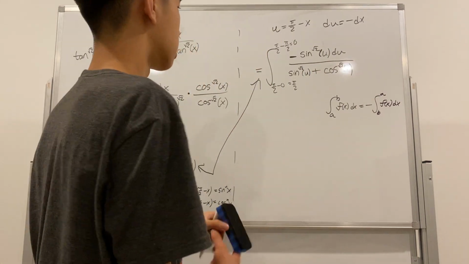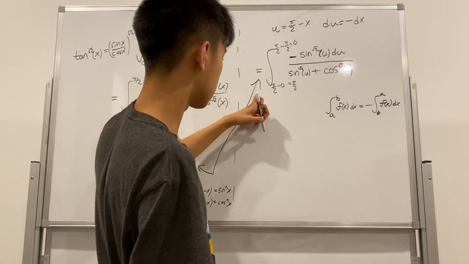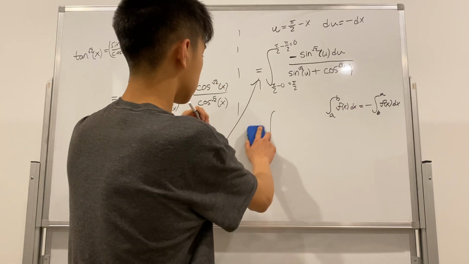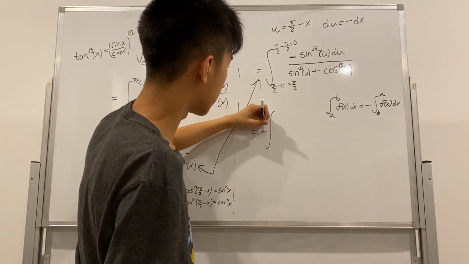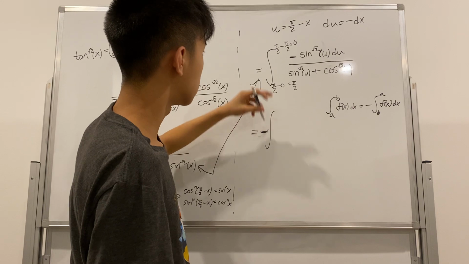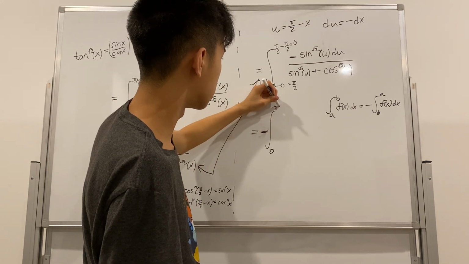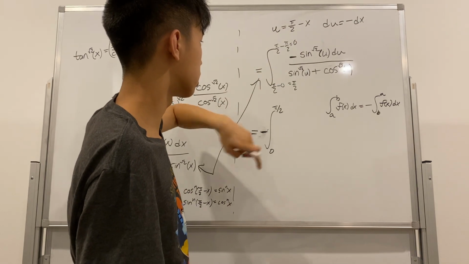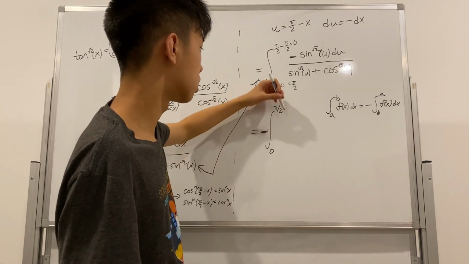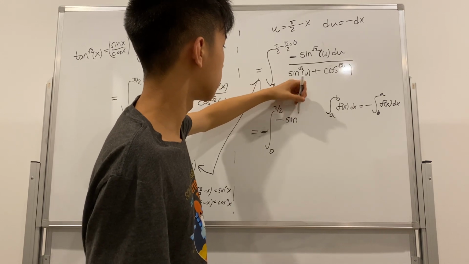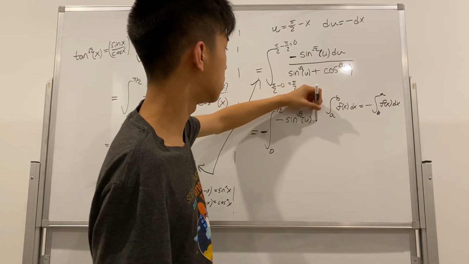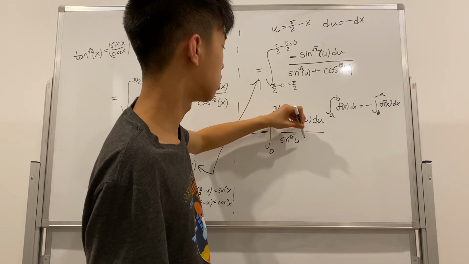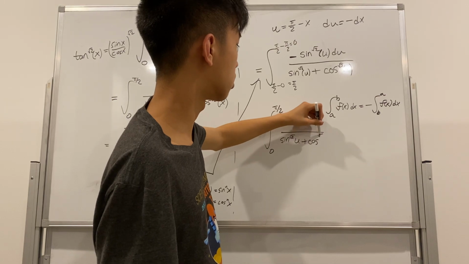Similarly, we can flip the bounds here and say that this is equal to the negative of this integral from 0 to pi over 2. So then we have negative sine to the square root 2 of u du over sine to the square root 2 of u plus cosine to the square root 2 of u.